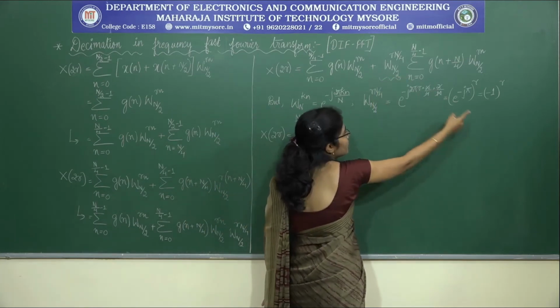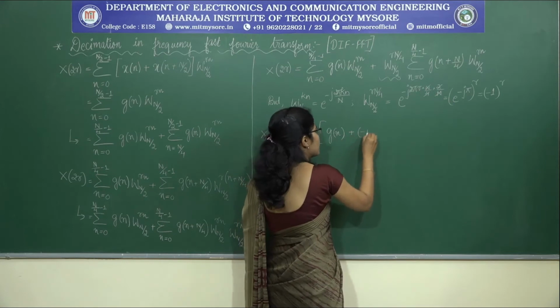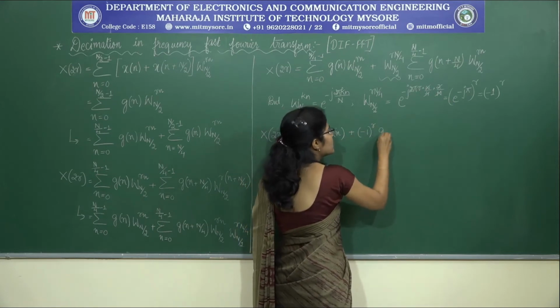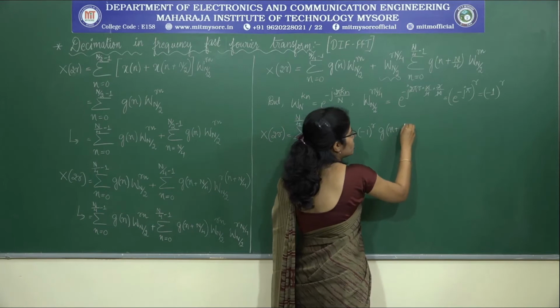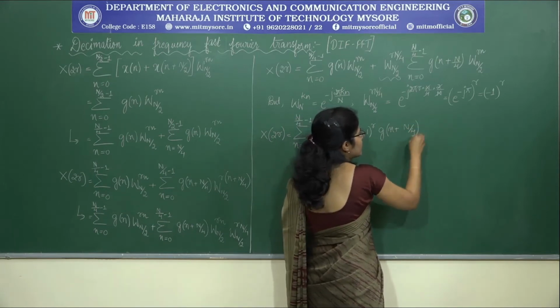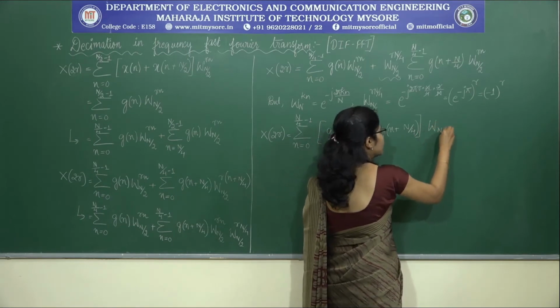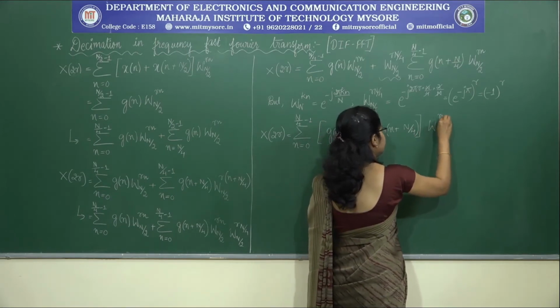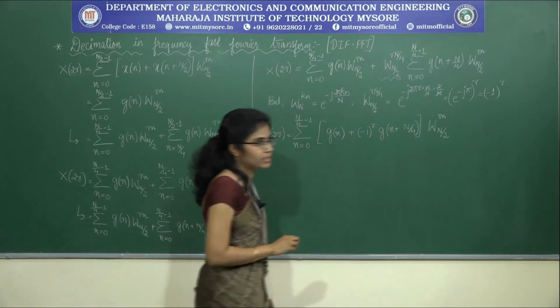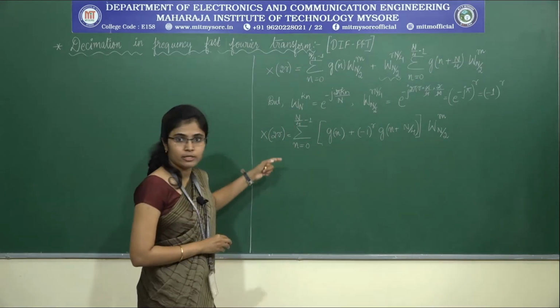So, instead of this term, I need to substitute it as minus 1 to the power of r. In the second term, we get g of n plus N/4 into omega N by 2 to the power of Rn. Now, we deduce this equation.